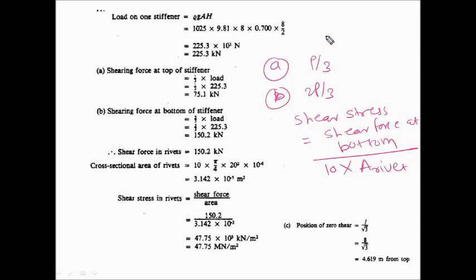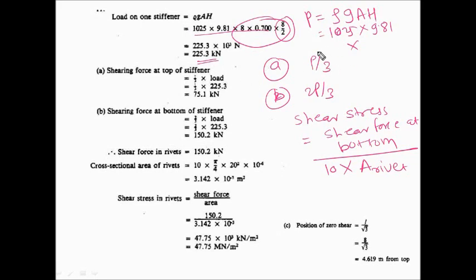To calculate this P, we are going to use the formula rho g A h, and that is done here. Rho is 1025, g is 9.81, area is 8 into 0.7, h is 8.8 by 2. You will get the load acting on the stiffeners as 225.3 kilonewton.